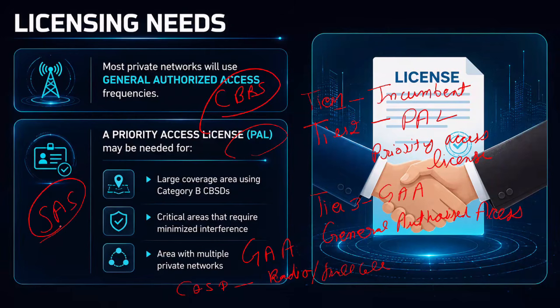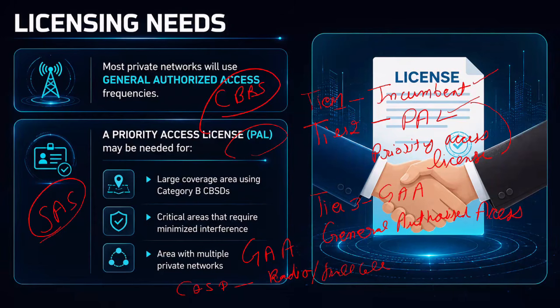Now, depending on the business and technical requirements, an organization may also consider PAL spectrum. PAL provides priority over GAA users, right? You know that PAL has more priority than GAA, and incumbent has more priority than PAL and GAA. Why might PAL be attractive, even though we have to pay money for it?